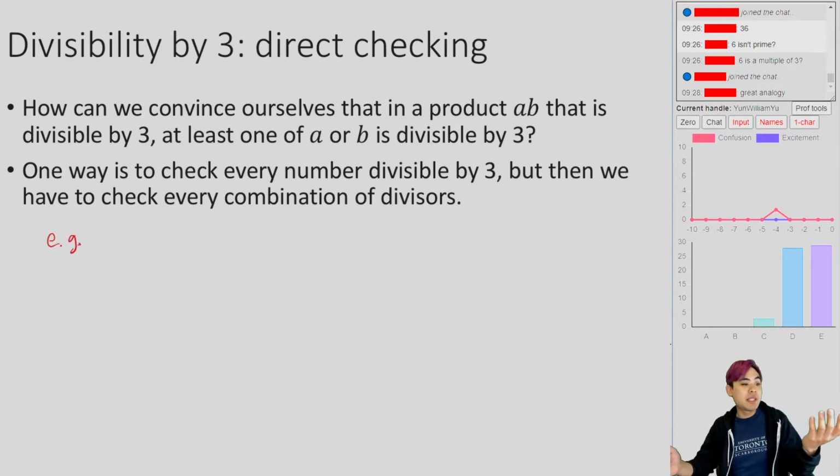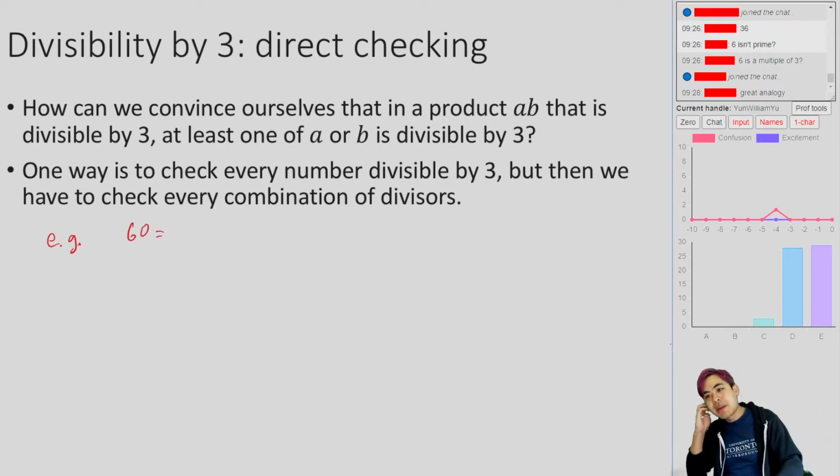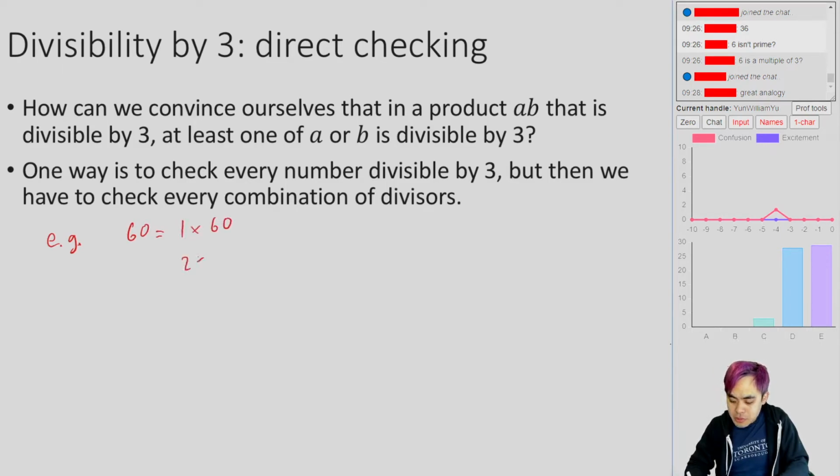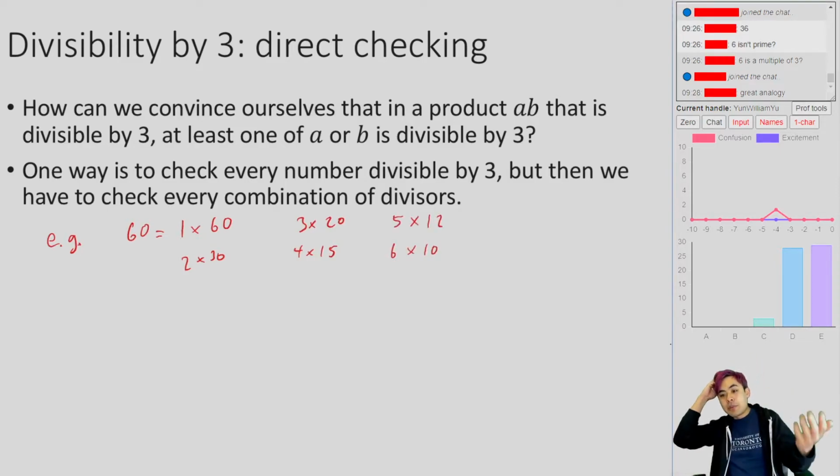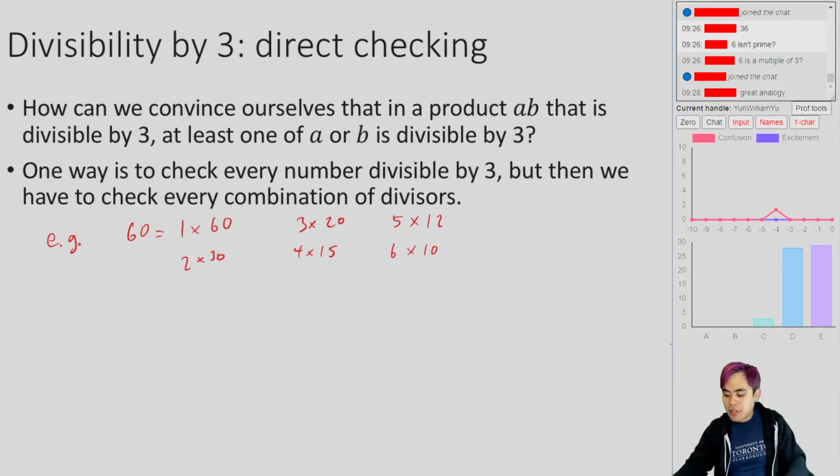Well, we know 60 is divisible by 3. And so then what we'd have to do is separate out and get each combination of divisors. So 1 times 60, 2 times 30, 3 times 20, 4 times 15, 5 times 12, and 6 times 10. And this turns out to be all the different ways of breaking up the number 60 into 2 numbers.